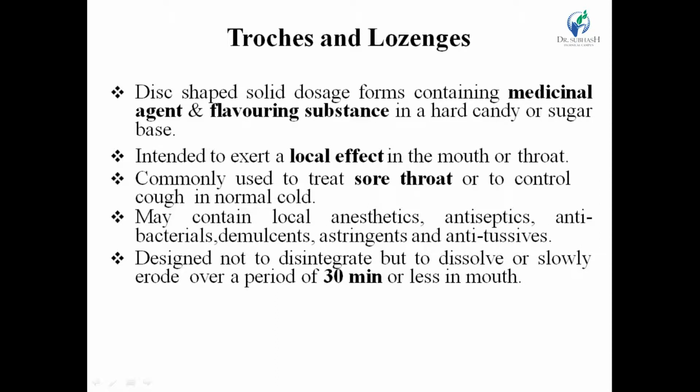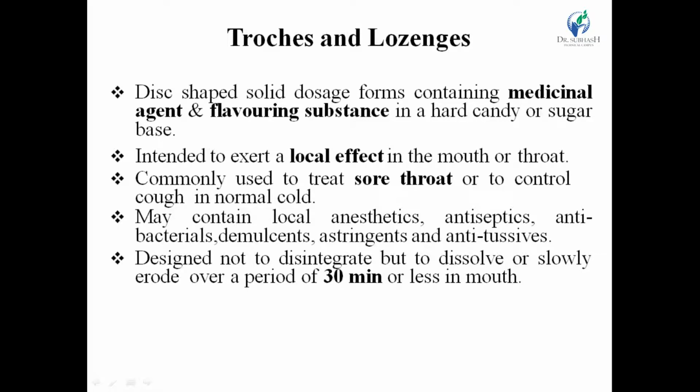That means troches and lozenges produce a local effect in the mouth or throat. Commonly used to treat sore throat or to control cough in the common cold. That means troches and lozenges are most widely used for throat infection or to control cough in common cold conditions.